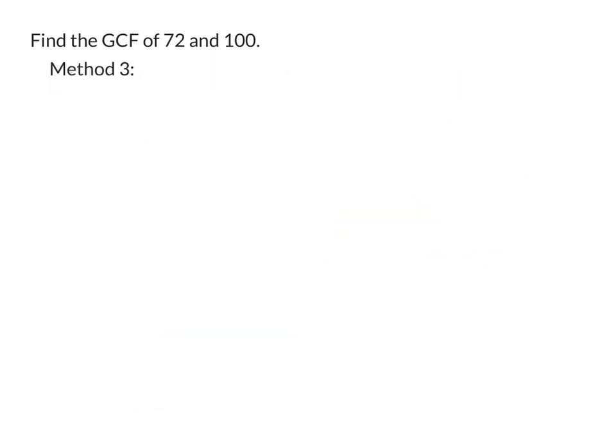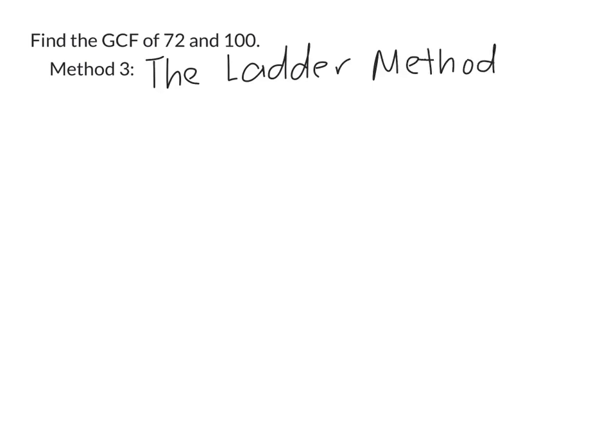Now we'll look at another method, which is the ladder method. The name is because it looks kind of like a ladder, but we'll see how it is. So first of all, you need to list down the two numbers, 72 and 100, and you draw an L next to 72 and under both numbers.